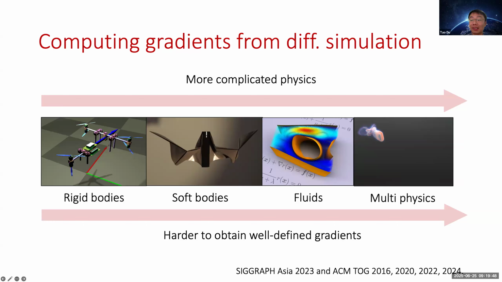In particular, as the physical complexity increases from left to right, we have experienced more and more numerical and technical challenges to compute, or sometimes even define, a proper gradient from a simulator.